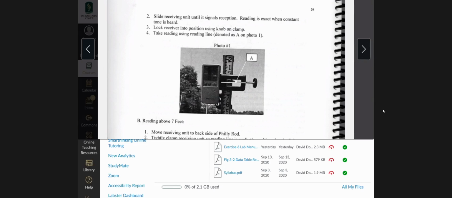And when you get the solid beep with this instrument up in the air like it is, that's where you will take your reading. And you don't take it at the 7.00.